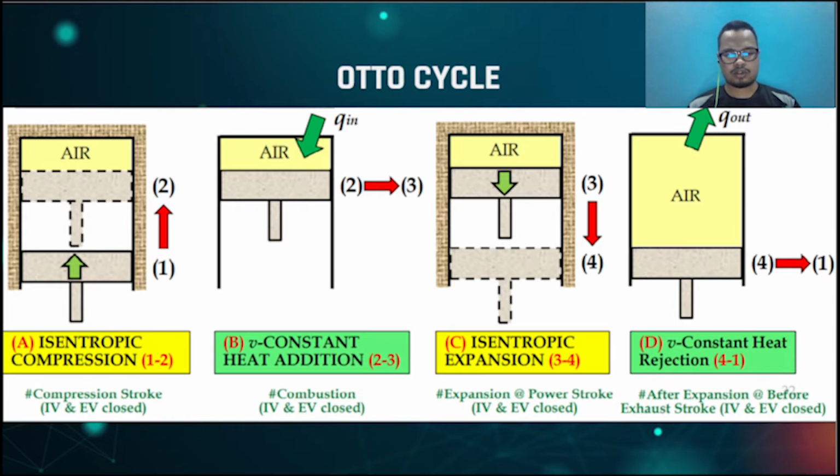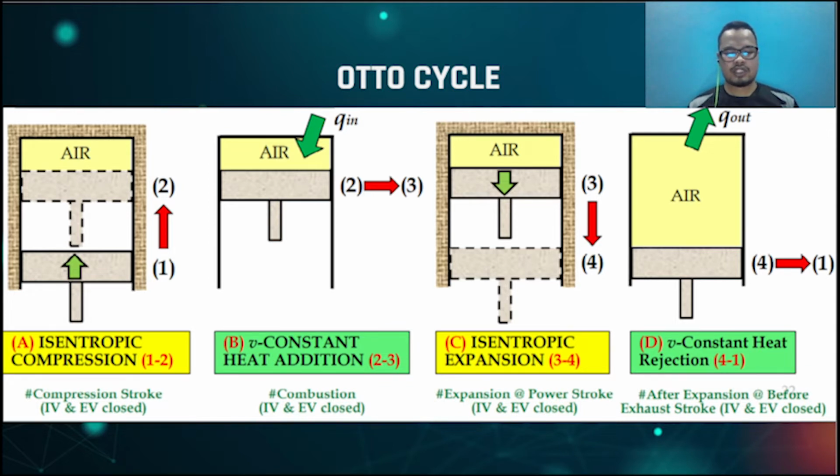We also call this the power stroke because the work is done by the system. Like the compression before, this process is also adiabatic as the time taken during expansion is quite small due to the high speed of the engine.